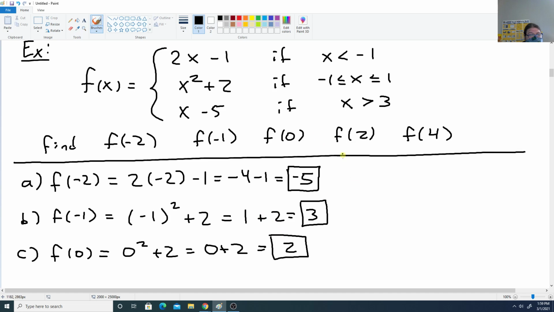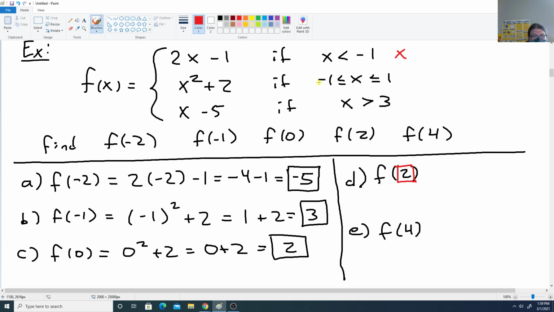All right, so for the last two, part D, we want to know what is f of 2, and part E, what is f of 4. So for f of 2, let's look for an input of 2. 2 is not less than negative 1. 2 is not between negative 1 and positive 1.